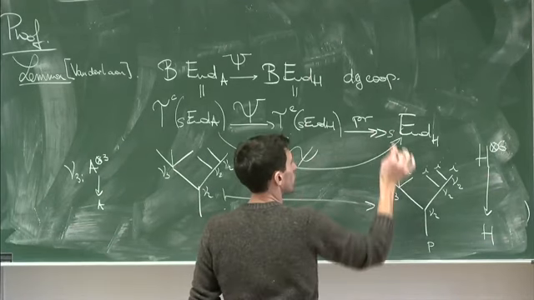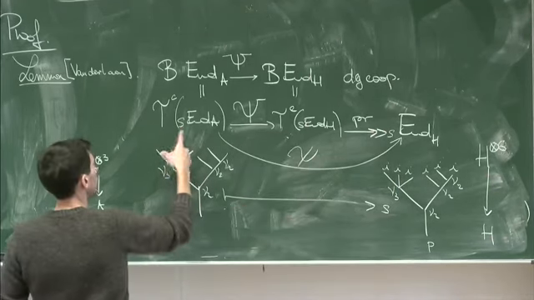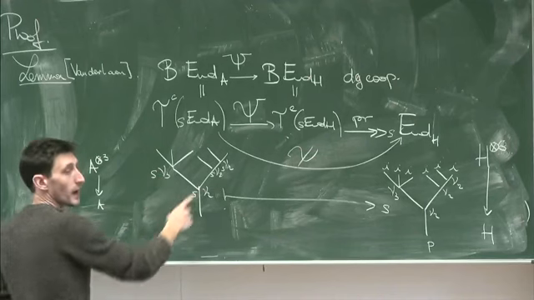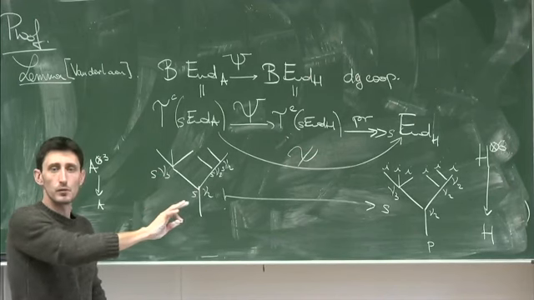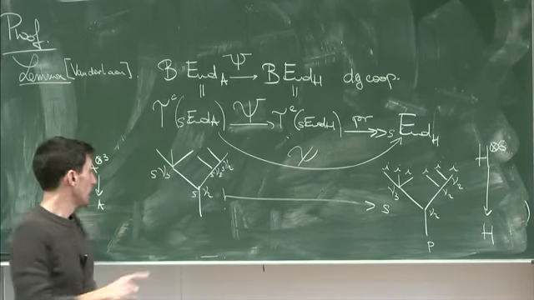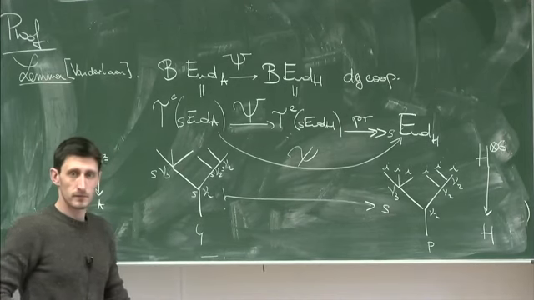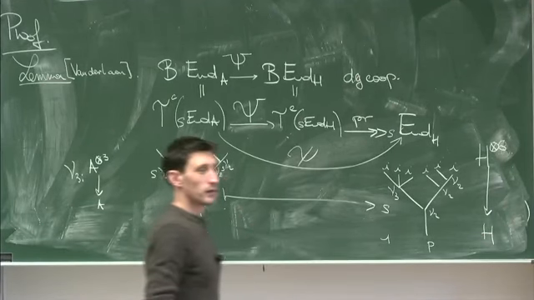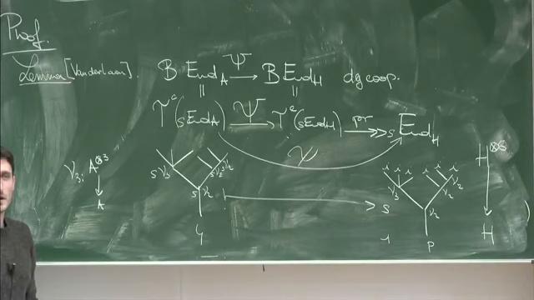So I'm sorry, I want a map of degree 0. Here what do we have? We have S, S, S, and S. So here we have 4S. Okay, so forget the degrees of the nu. Let's say the nu are of degree 0. Here the degree is 4 so far. And the degree here is 1. So we have a map of degree -3. How can we fix that? Let us use H.